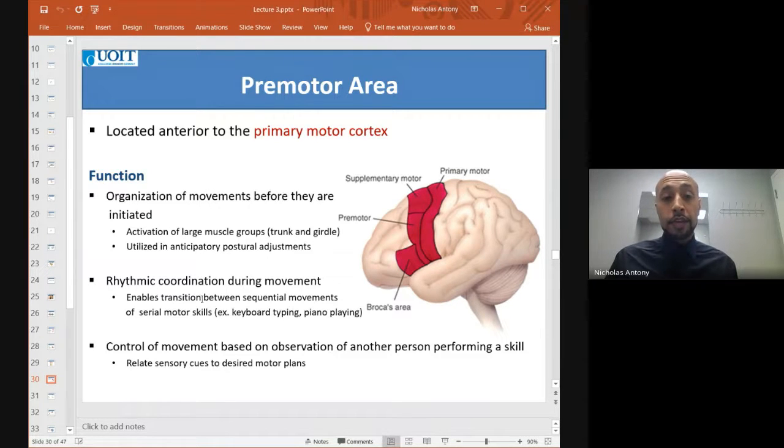And then the other thing that the premotor area is responsible for that's really important is, remember we talked about one thing that defines us in terms of learning motor skills? What's the best way to teach someone how to perform a specific motor skill? Visual.